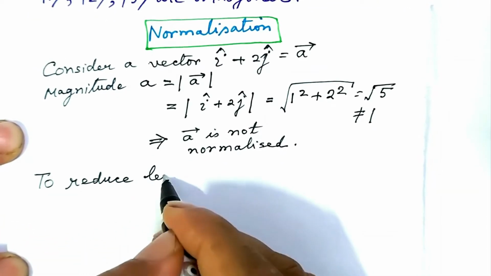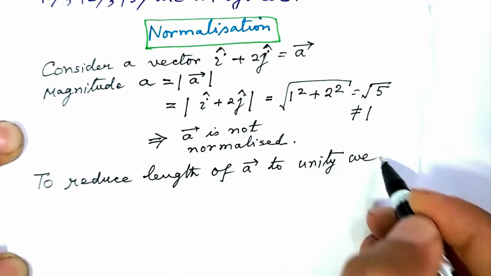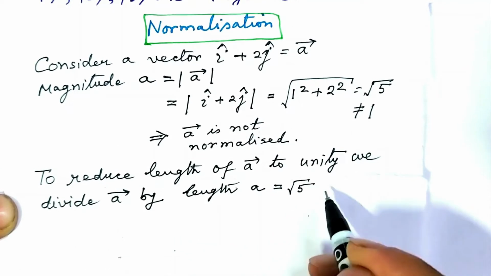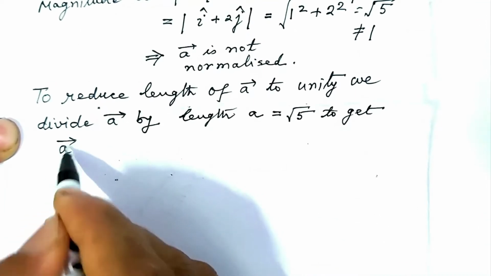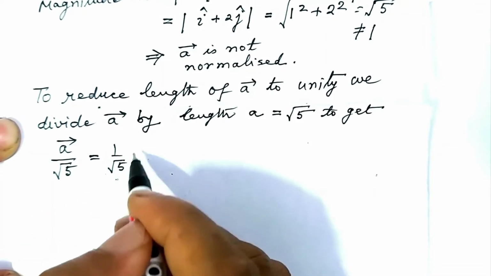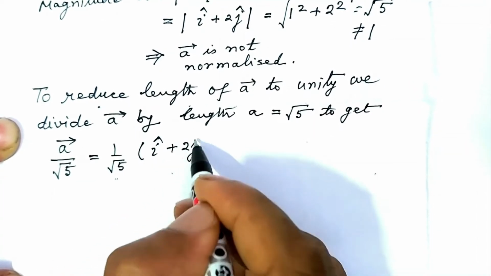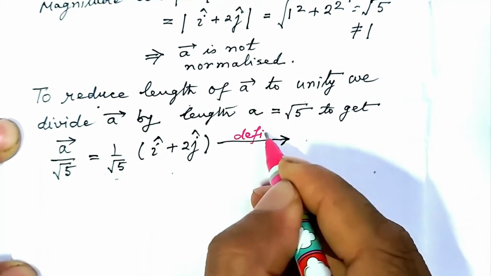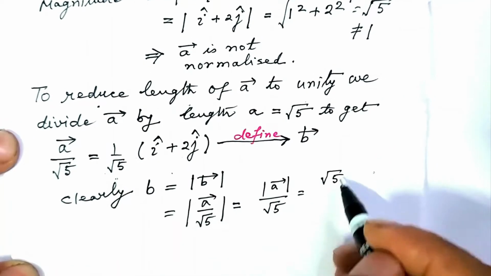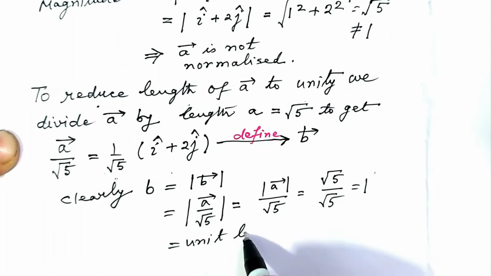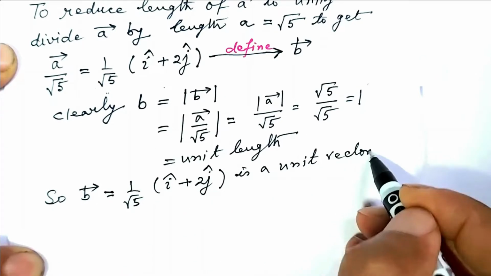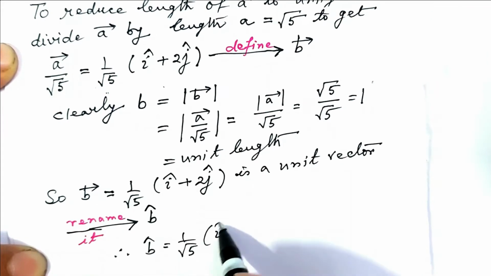To reduce length of vector A to unity, we divide by length A equal to under root 5 to get vector A divided by under root 5, that is 1 by root 5 into i cap plus 2j cap. This we define as vector B. Clearly magnitude of B is 1. So vector B is of unit length, a unit vector, and can be renamed as B hat.